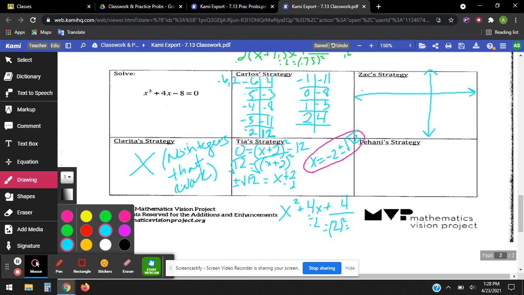So if we go by 2's, do we need to go by 2's again? Probably. So 1, 2, 3, 4, 5, 6. 1, 2, 3, 4. 2, 4, 6, 8, 10.